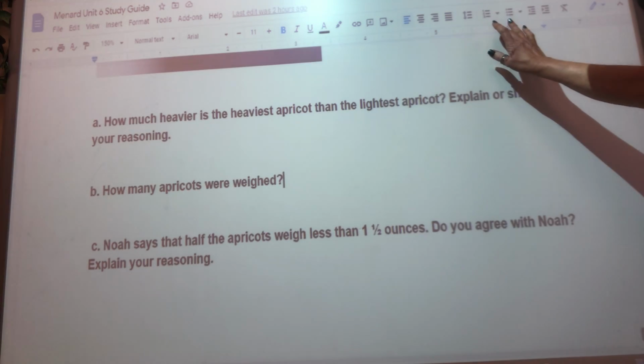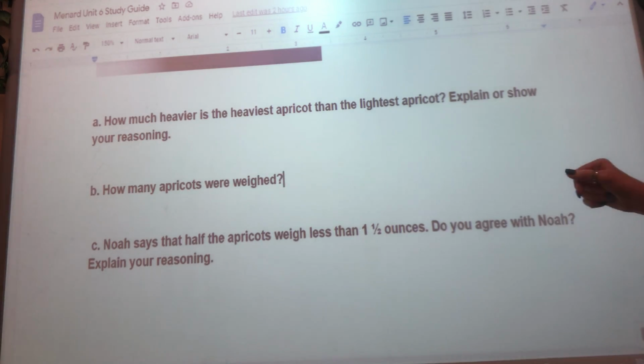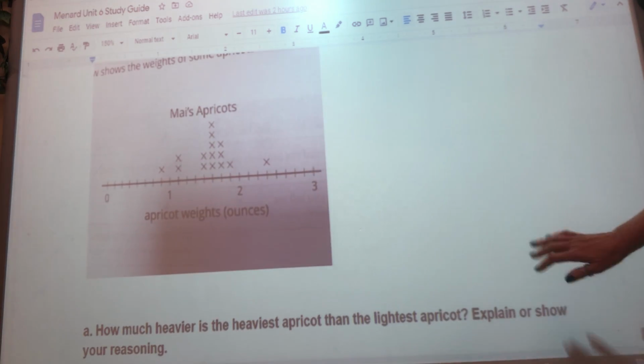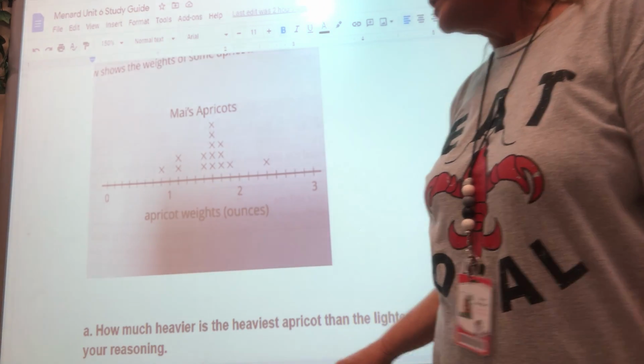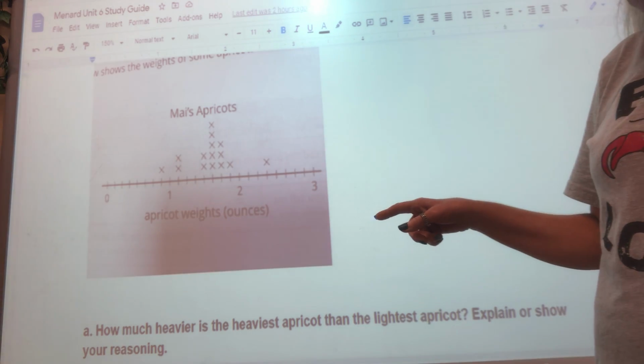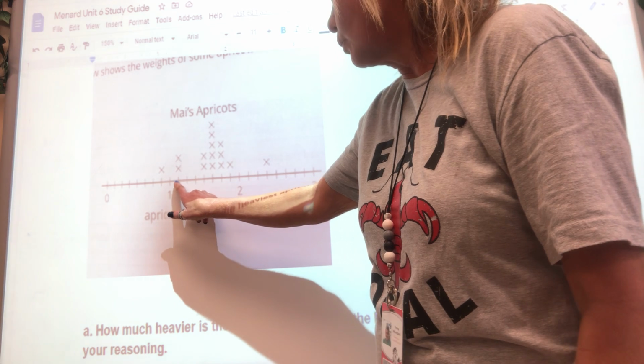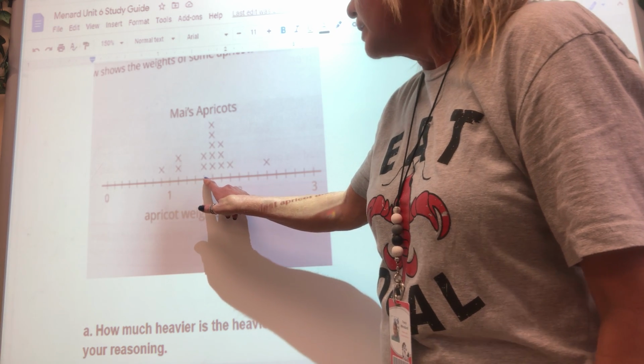Noah says that half the apricots weigh less than 1 1/2 ounces. Do you agree with Noah? Well, let's see. We find 1 1/2. If we're doing eighths, what's half going to be? 4/8. Okay, so we start with 1, 2, 3, 4.